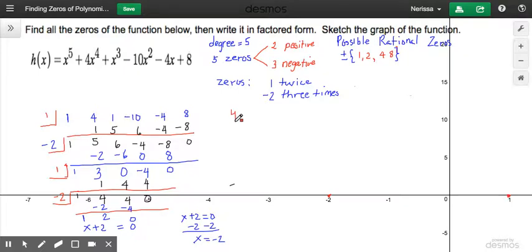Now, how about the y-intercept? So the y-intercept is equal to h of 0. So if this is 0, so 0, 0, 0, 0, 0, the y-intercept is 8.